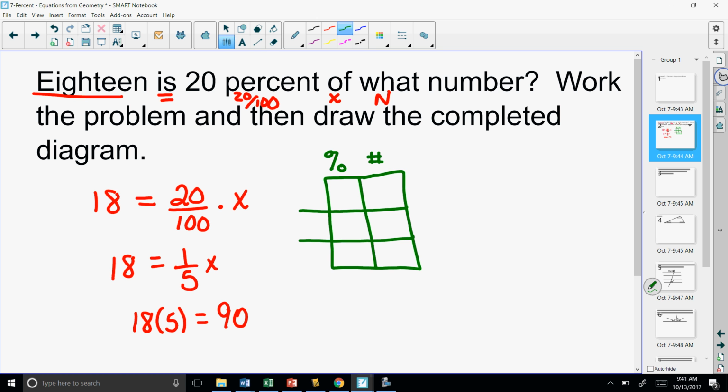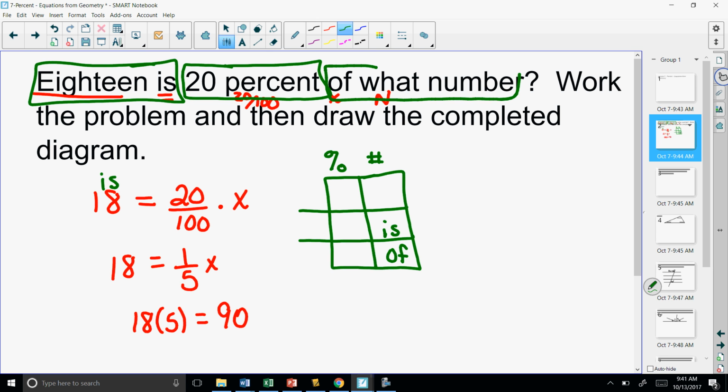It says 18 is, and when we set up our boxes, we can always think of is over of, because that's what we did over here. 18 came right with the word is, and then I have this 20%, and then I have this of what number. So when we set up a box diagram, the percent over 100 is equal to is over of. That's a key thing to know.